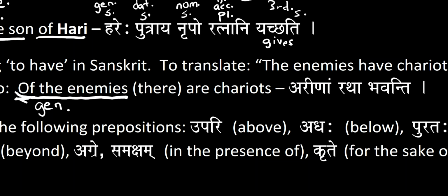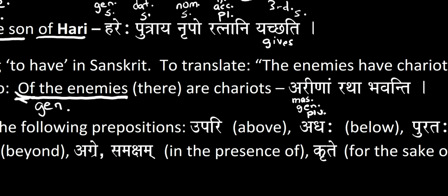So ari is a masculine noun that ends in i, that means enemy. Of the enemies, you're going to get arinam. Arinam is masculine genitive plural. Masculine noun that ends with i, genitive plural. So ari turns into arinam.